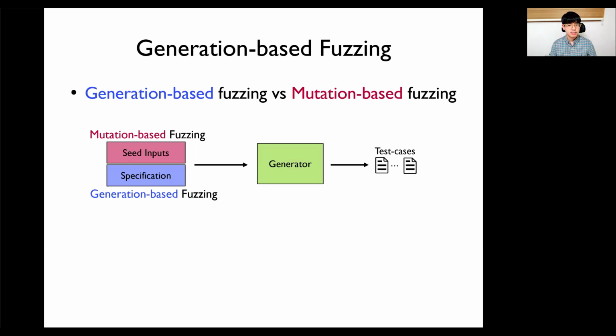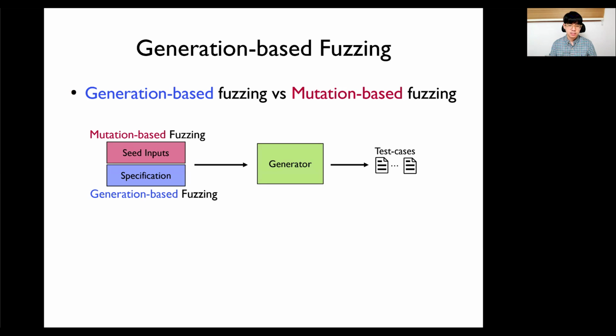First, this generation-based fuzzer takes a specification as an input, while mutation-based fuzzing takes a set of well-structured seed inputs. That is, a generation-based fuzzer does not require a seed pool like mutation-based fuzzers.